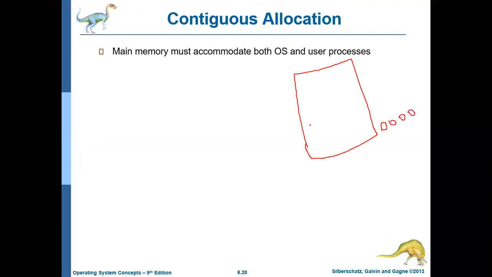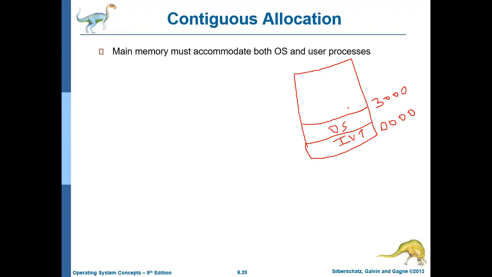So here the operating system will be stored and also the interrupt vector table, which contains the addresses of different interrupt service routines. Let us assume that the operating system and interrupt vector table are stored from address 0000 to address 3000.